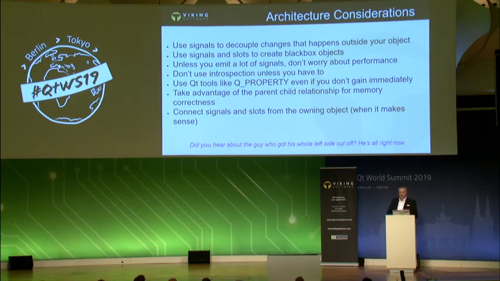So, architecture stuff. This is the one where I actually teach you what you need to know here, I hope. The keyword here is black box. I want you to think of your objects as black boxes where the public methods change the state of the object and the signals are what say my state was changed.